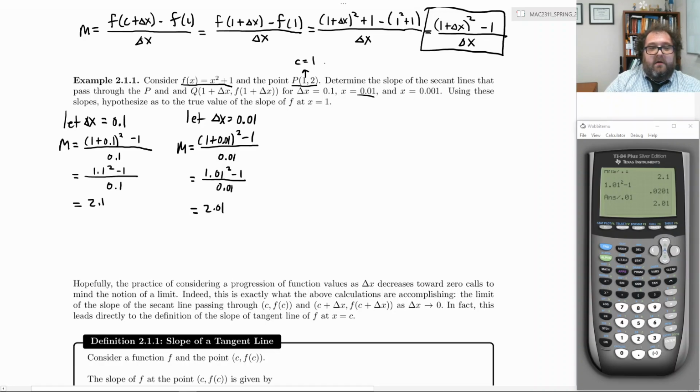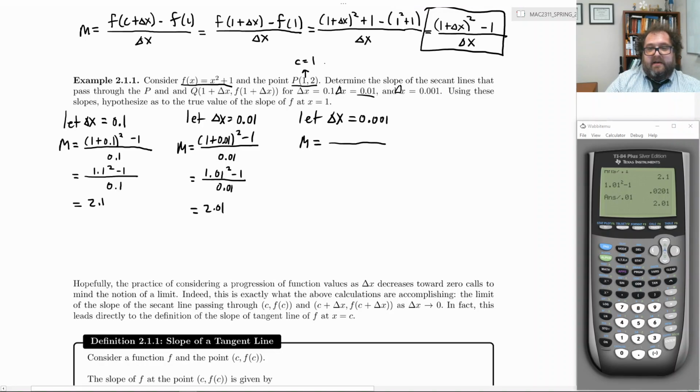Okay. Let's do the next one. Oh, you know what? There's a typo there for delta x. I will fix that before you guys see this. So let delta x equal 0.001. Let's see what the slope of this new secant line is.